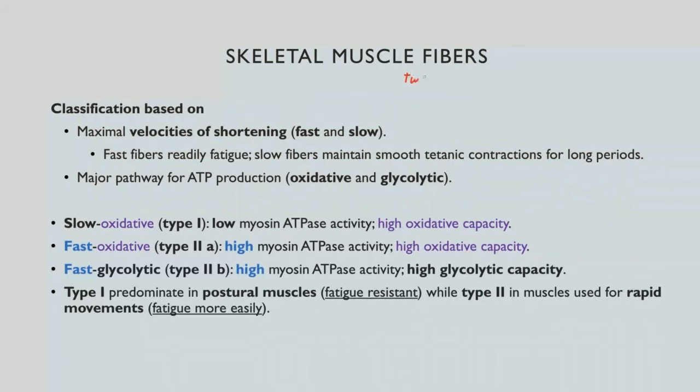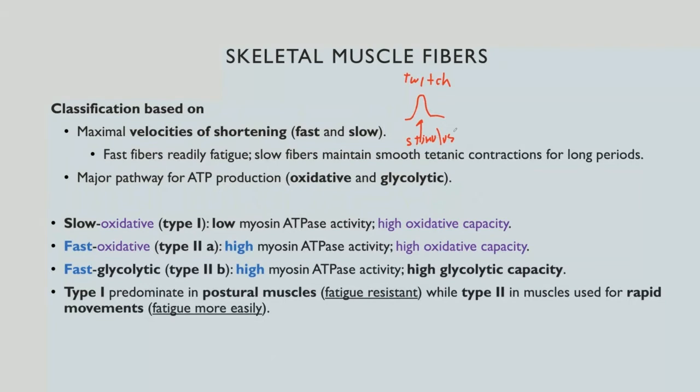For example, a twitch. A twitch is simply, let's say you have a stimulus, an action potential reaches the muscle fiber, and there is going to be a contraction and a relaxation. That is a muscle twitch: contraction, relaxation.